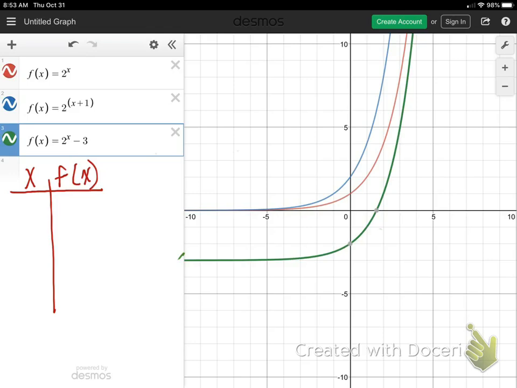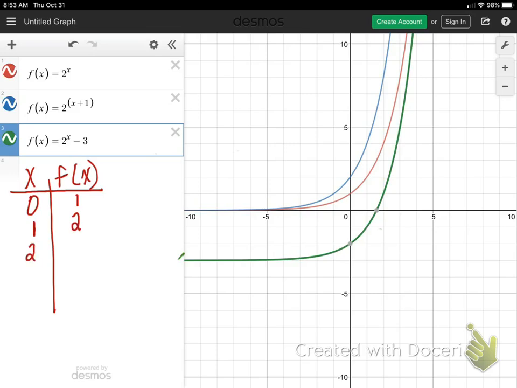Now I want to plug in some numbers. The first number I'm going to plug in is 0. So I have 2 to the 0 power. What's 2 to the 0 power? 1. Now I'm going to plug 1 in. What's 2 to the first power? 2. Then I'm going to plug in 2.